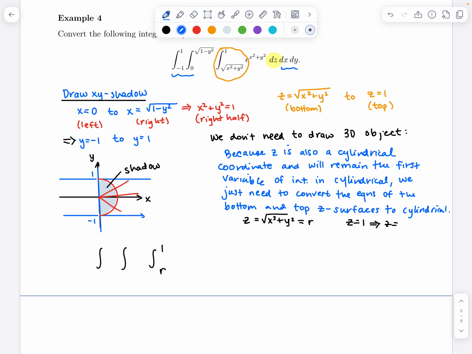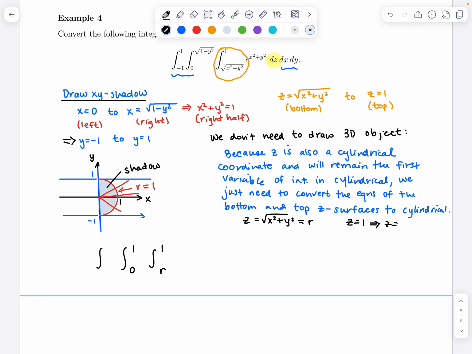They are going to enter my region when r is 0 because the origin is part of my region, and they exit along a circle of radius 1. The equation of that circle is r equals 1. So remember, this really is a function that I'm representing as my upper bound of r. It's just that it's a constant function.